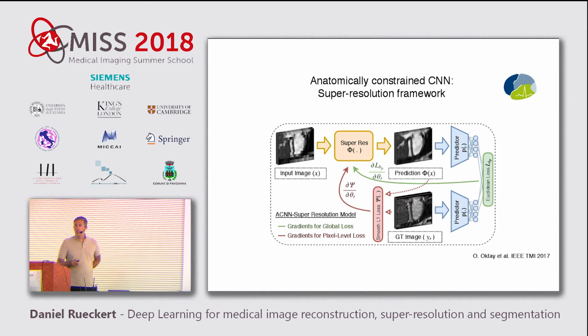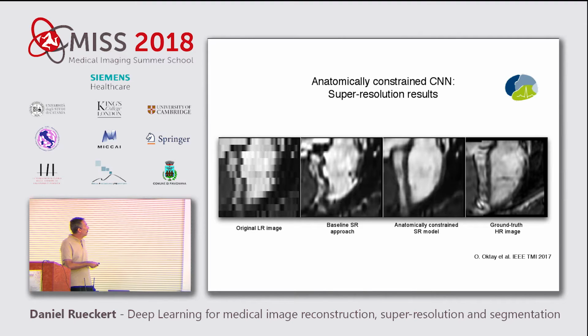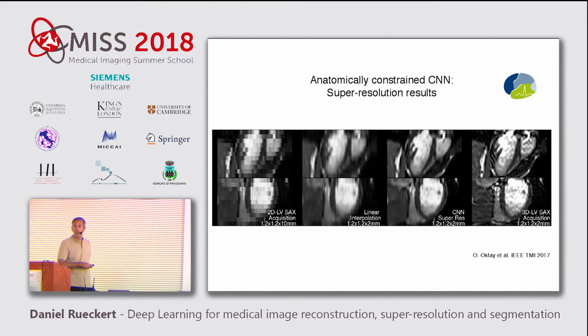And this is what this produces. This is the original low resolution image with some inconsistencies in it. This is what your standard super resolution model would look like if you only have your L1 error. This is what the anatomically constrained super resolution looks like. And this is what the high resolution ground truth image looks like. You can see it actually does a pretty good job. And again, you can do this with time series data to make this algorithm even more robust.